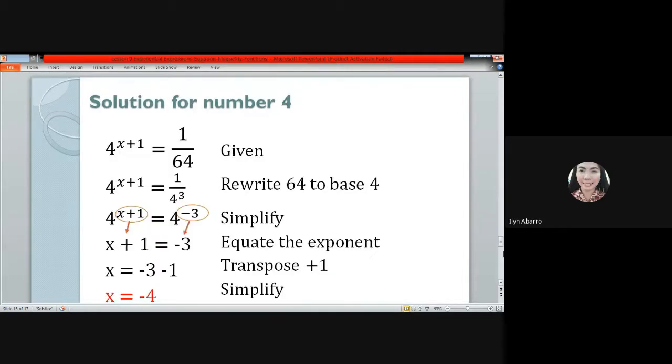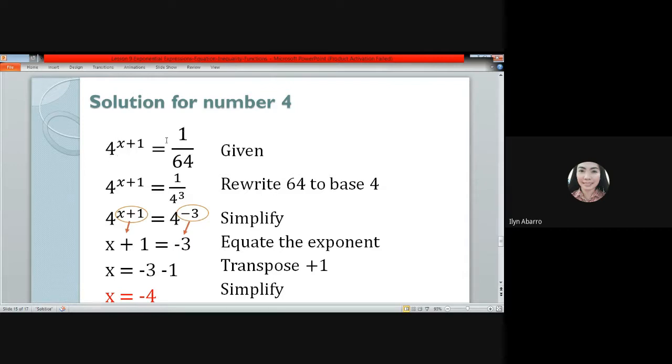Solution for number 4. 4 raised to x plus 1 is equal to 1 over 64. So, paano naman pag ganito? We have a fraction here. So, we're going to get the reciprocal. Okay? To reciprocate it, ganito. So, our base here is 4.